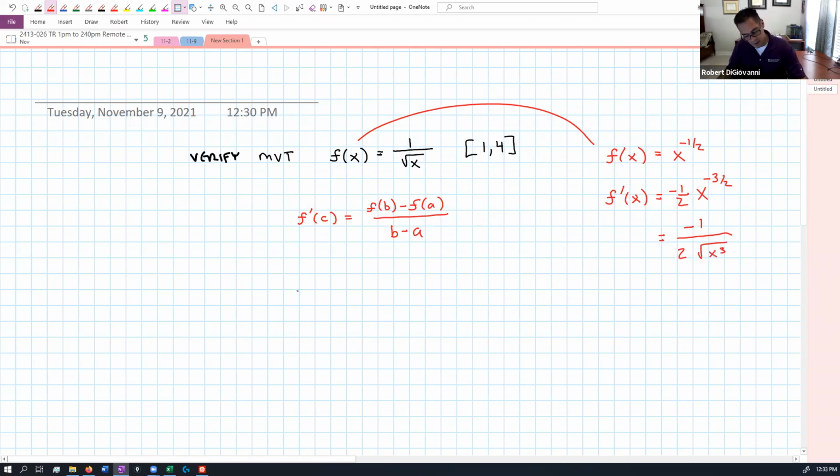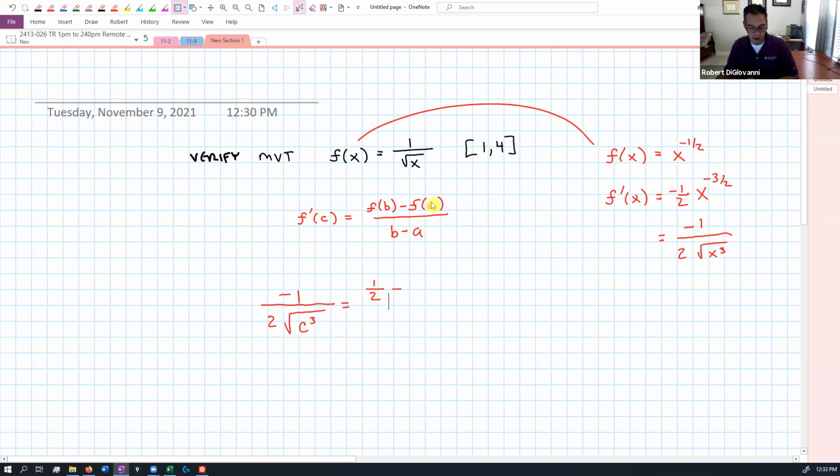So I'm going to write that as negative 1 over 2 square roots, and I'm not going to use x because the theorem uses c, so c cubed. I need that to be equal to, all right, what is it equal to? F of b minus f of a over b minus a. Okay, so f of b, plug 4 into this. You get 1 over the square root of 4, so that's 1 over 2.